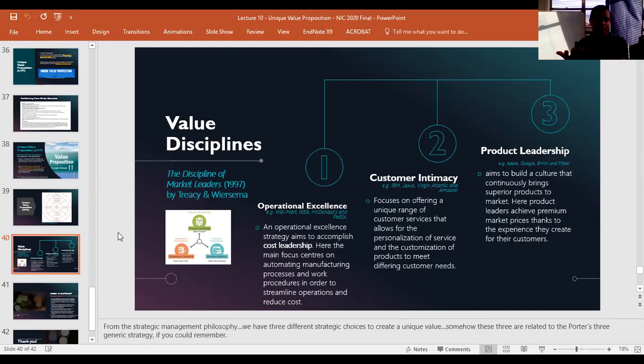What do you think? Do you think these disciplines are somehow similar to one of the concepts which I discussed in the last class during corporate strategy? Are you able to relate these three with anything else which we have previously learned together? Any one of you?